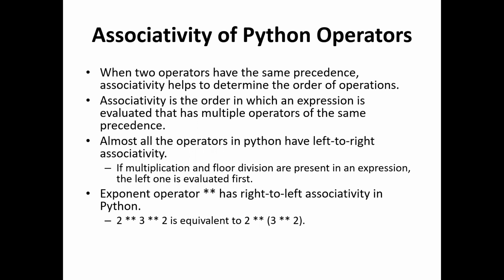Almost all the operators in Python have left to right associativity. That means they have to be executed from left to right. But the exponent operator has right to left associativity. That means if you type 2 power 3 power 2, it is evaluated as 2 power (3 power 2).